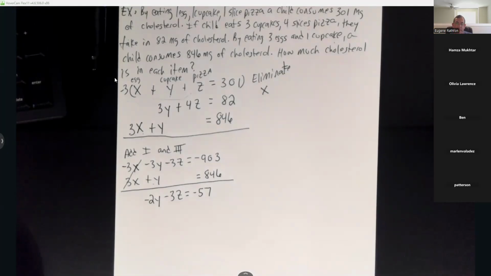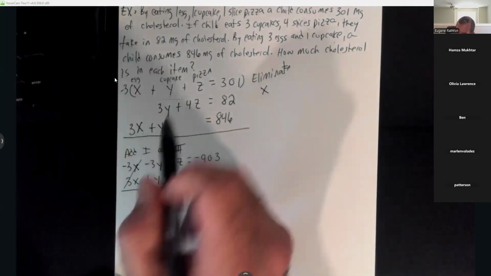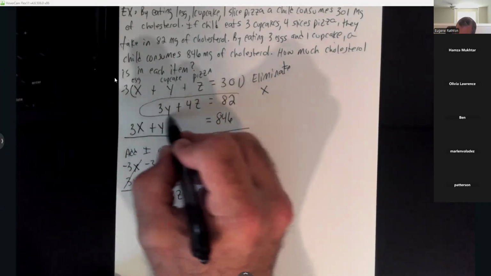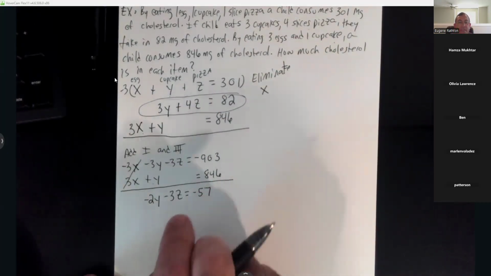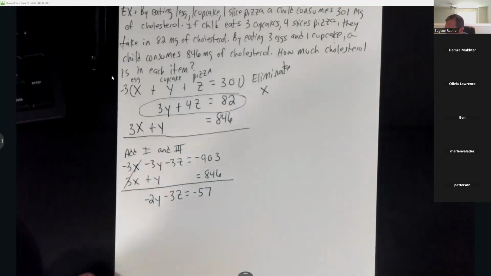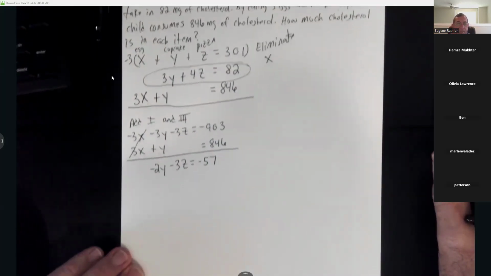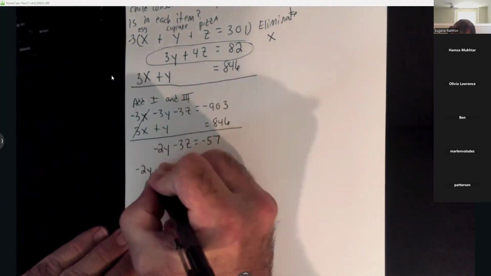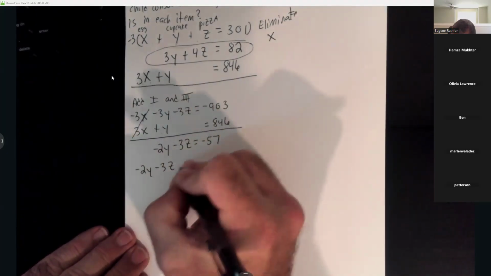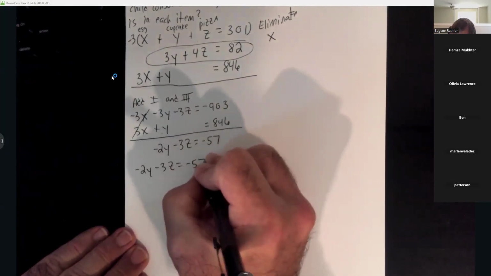All right, but y'all remember this. All I got is y and z. All this second equation had is y and z. So it becomes the second equation to this system, okay? So let's bring that down. We got our -2y minus 3z equal -57.